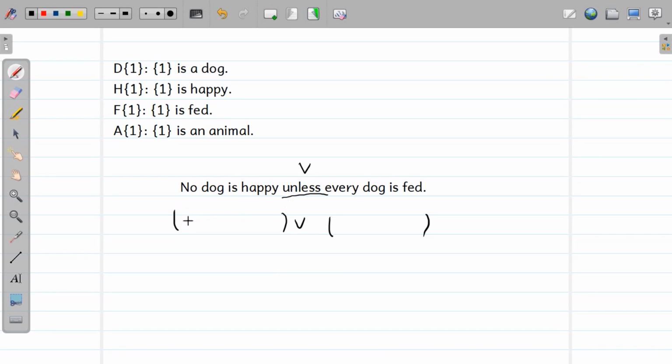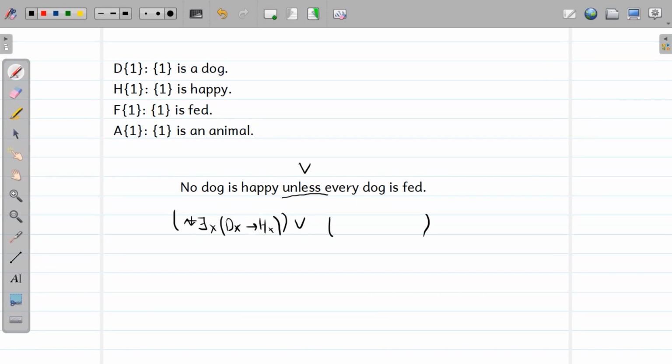So, not existential, and then Dx conditional Hx. No, that's not right. Oh wait, it's a conditional, so and. That's right: Dx and Hx. If we said that there does not exist an x such that if it's a Dx, then it's an Hx, that's troublesome.